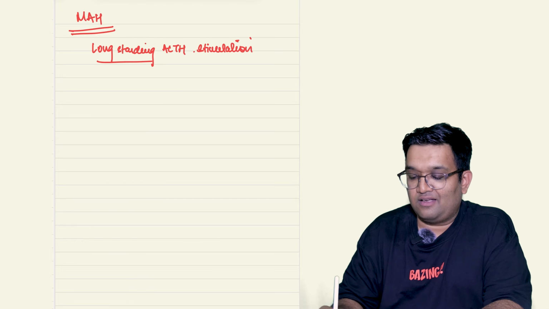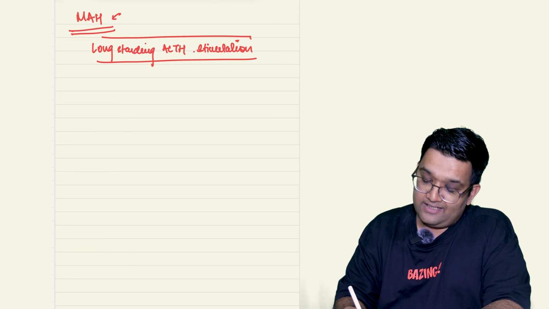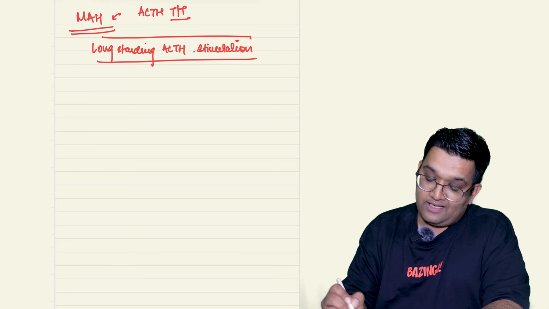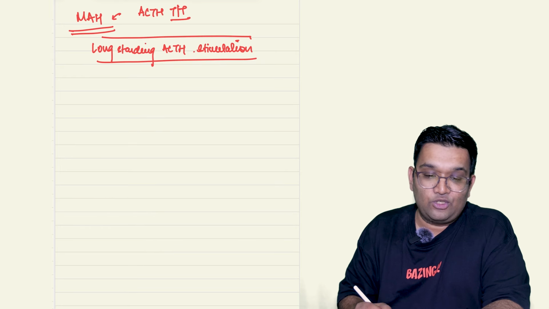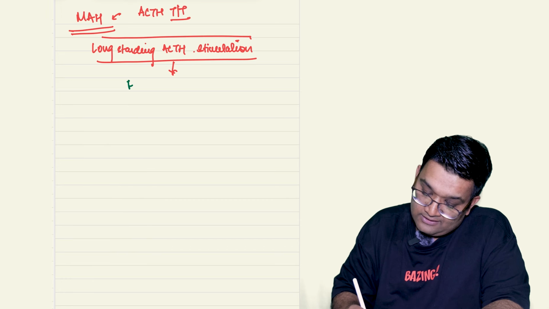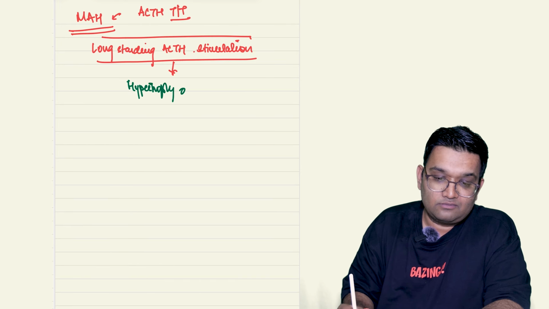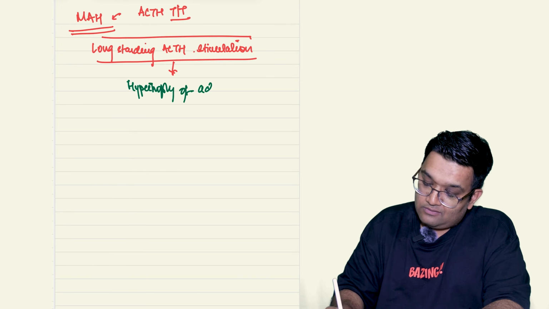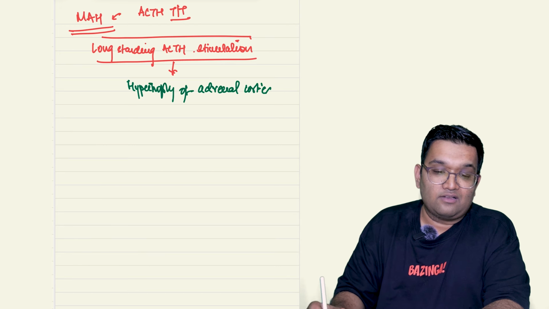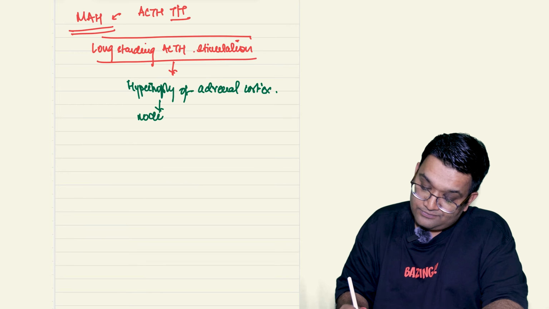Say for example, there is a child or an adult that is being given ACTH treatment, and because of this ACTH stimulation there is hypertrophy of the adrenal cortex.